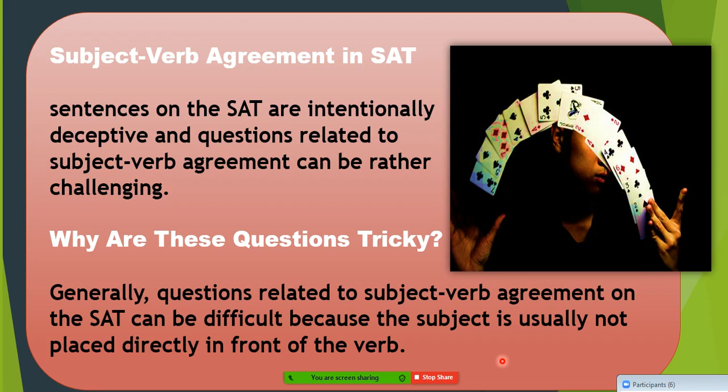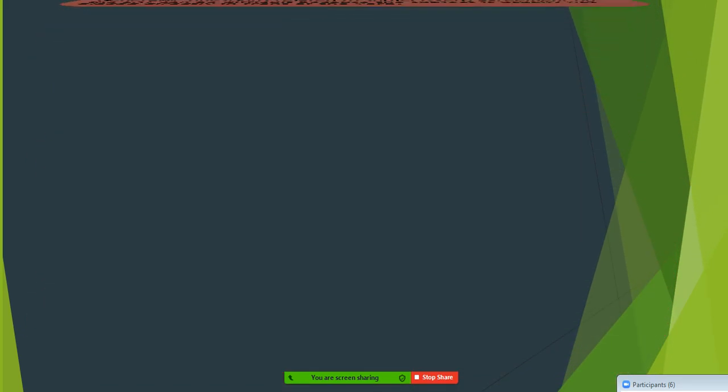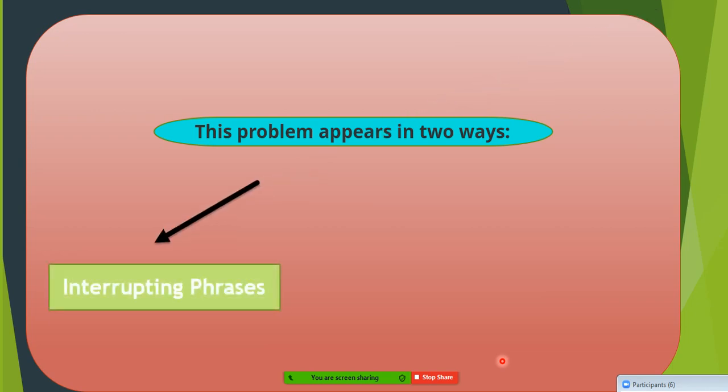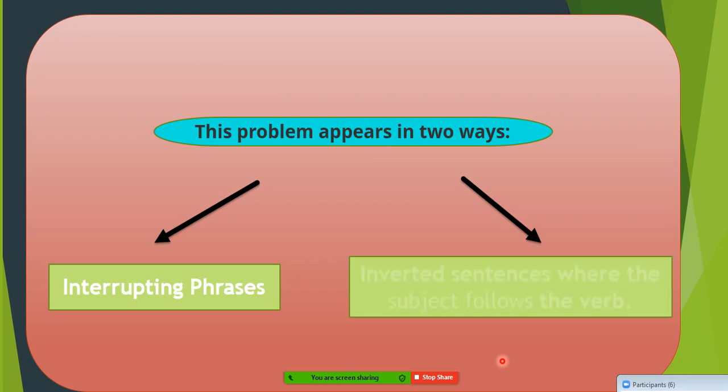Right. Sometimes in the SAT, the sentences are intentionally deceptive, and the questions are more challenging than the SAT examples. So you find that they intentionally make it deceptive and difficult in some way.